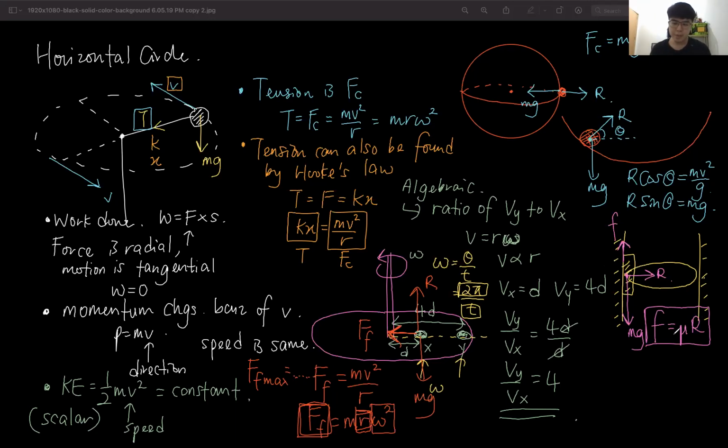So if I want to keep the person from falling off, then the friction has to be equal to mg. That means coefficient times normal reaction equals mg, like this. Okay, now what force is giving the centripetal?